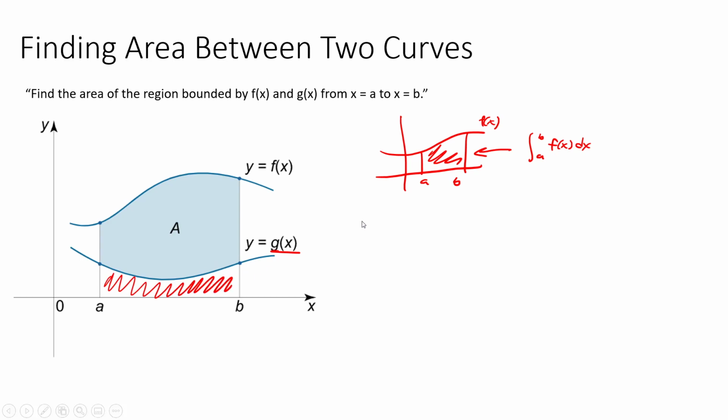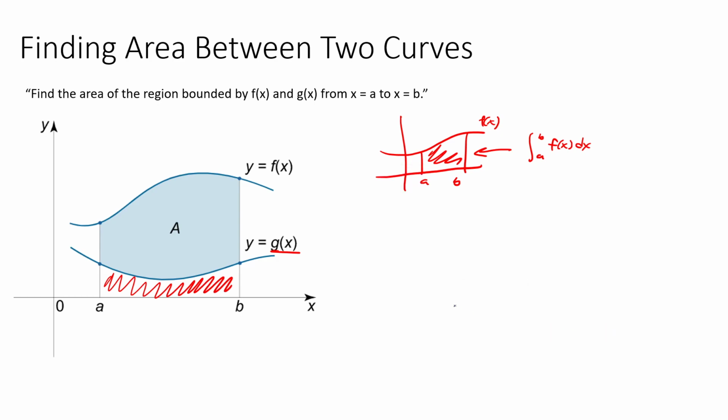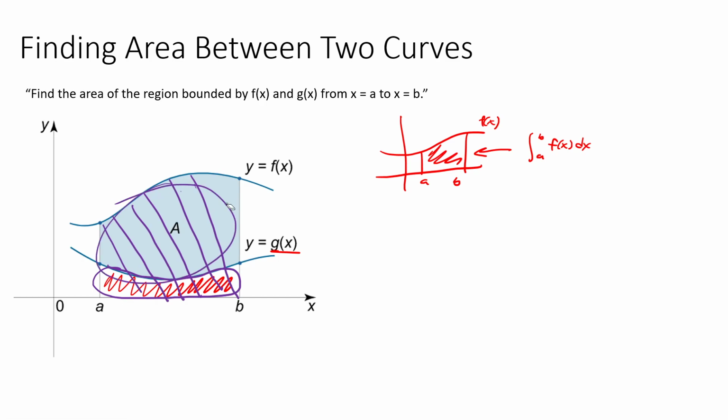And then if I took, let's use a different color here, like purple, f of x, that would be everything under f. Well, if I subtract this red stuff, then what it leaves me with is just the stuff that I want.